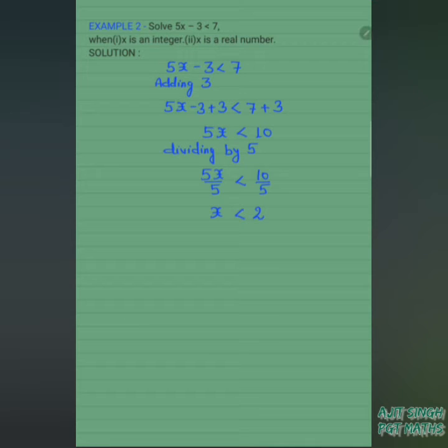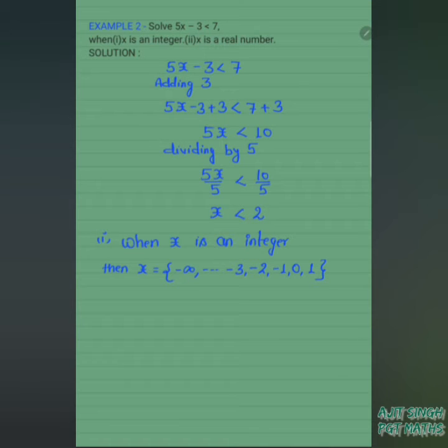Now as per the first case, when x is an integer, so integers are from minus infinity to plus infinity. These are the natural numbers, negative natural numbers including 0. Then the value of x is minus infinity up to minus 3, minus 2, minus 1, 0 and 1.